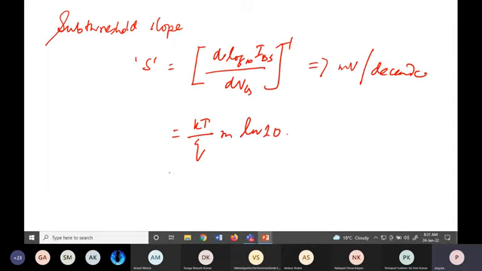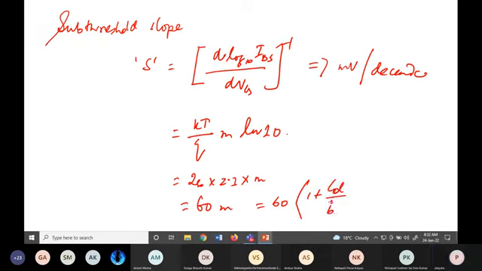KT over Q is 26 millivolt and ln 10 is around 2.3, multiplied by M. So this is nothing but around 60 M, or 61, plus CD over Cox, in millivolt per decade. That means if it is 60 millivolt per decade, one order of magnitude of reduction of current can be expected if you reduce 60 millivolt.